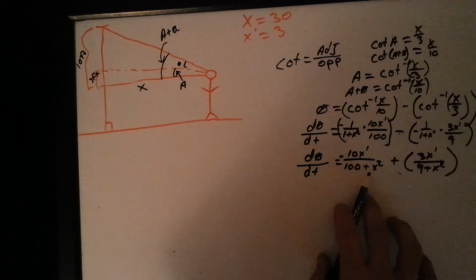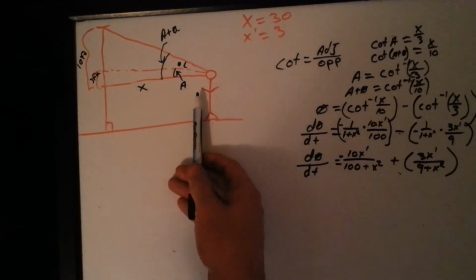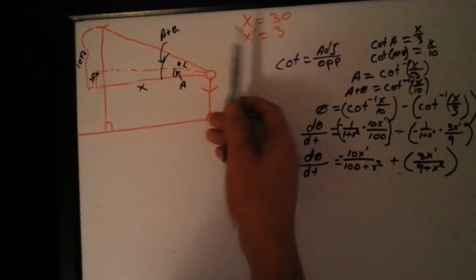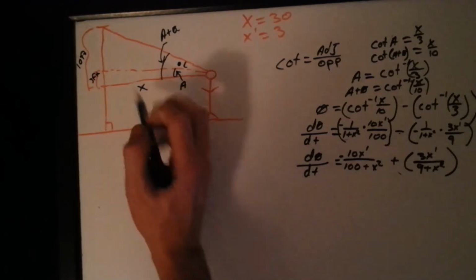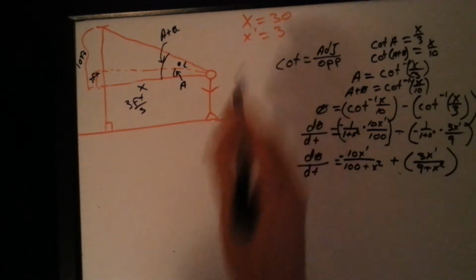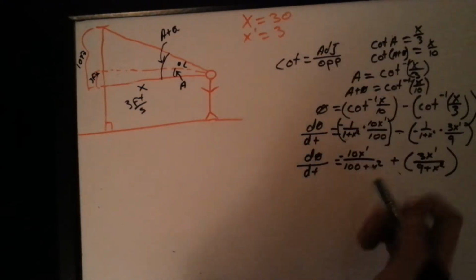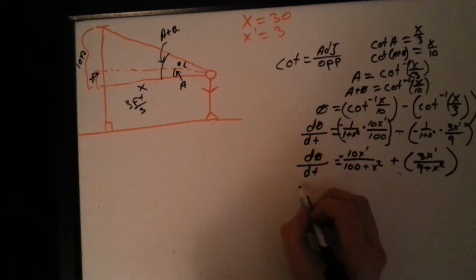So we know that we're given x, which is 30 feet, and we're actually given x prime because we're moving at 3 feet per second. So we can replace 3 and 30 with our variables.